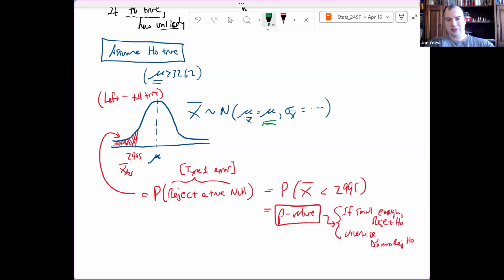Mu could be equal to 3262, and maybe I get a picture like this. If mu was like 3400, I would get a similar picture shifted to the right. Or if it was 4,000, I'd get a similar picture shifted even further to the right.